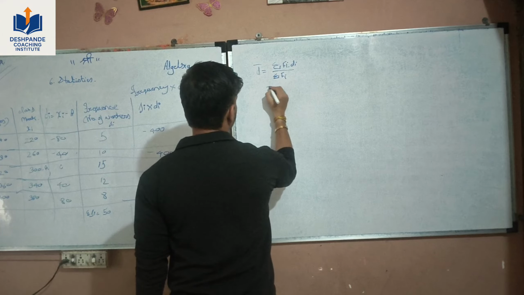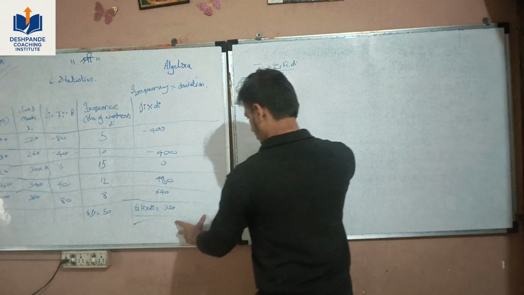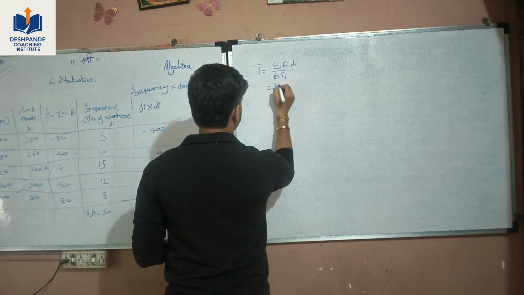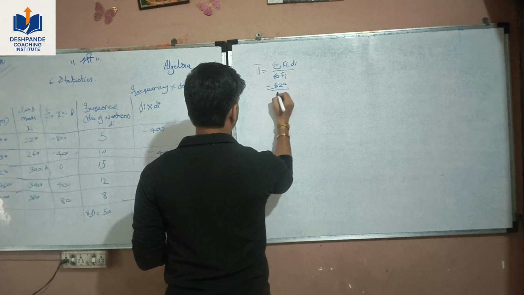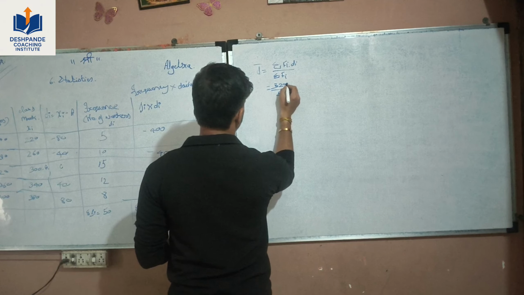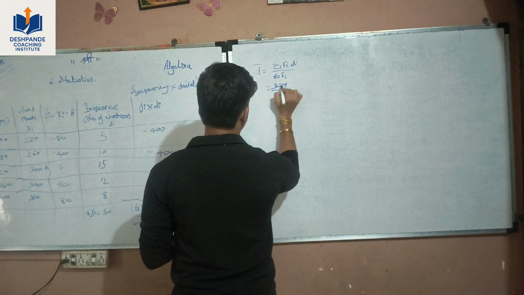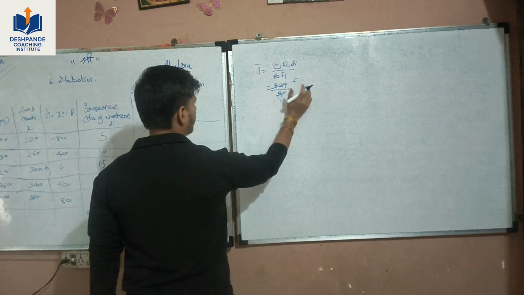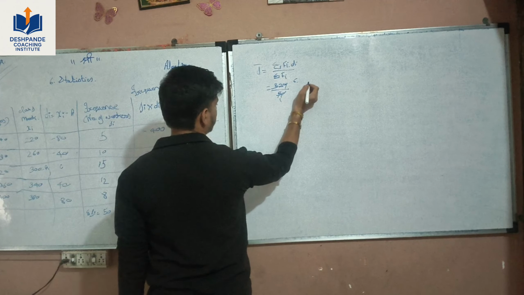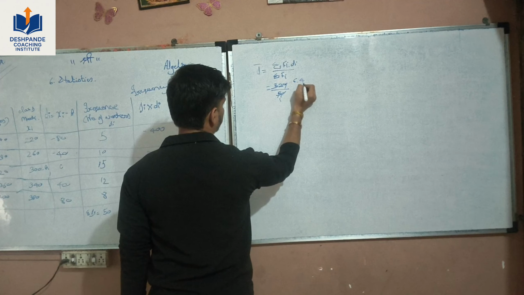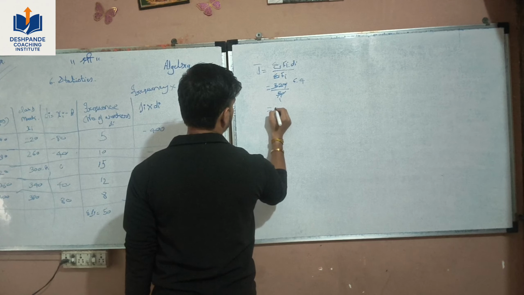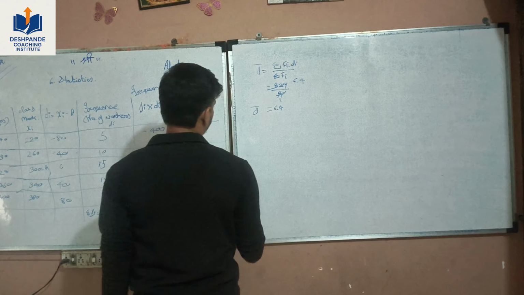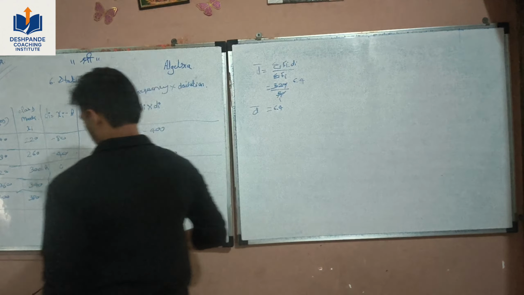So it will be equal to, summation of Fi into Di is equal to 320 and summation of Fi is equal to 50. So 0 gets cut, 5 1s are 5, 5 6s are 30, remaining 2, we have to give decimal points, then 20, 5 4s are 20. The answer will be 6.4. So D dash is equal to 6.4.